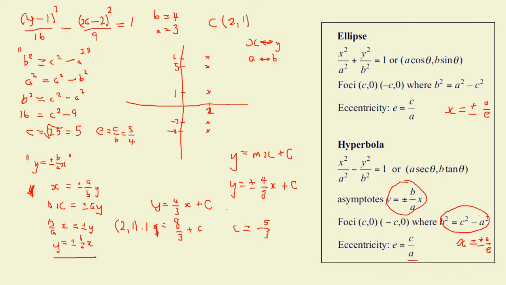Okay, so one of my asymptotes, I've already determined then, taking the plus 4/3, we subbed into that one, didn't we? And that's a minus 5/3. Okay, what do I get from the other one? Let's bring out the other one. So again, we use 2, 1, but this time we've got the negative gradient. So in this situation, 1 is equal to minus 4/3 times the x-coordinate. That's minus 8/3.